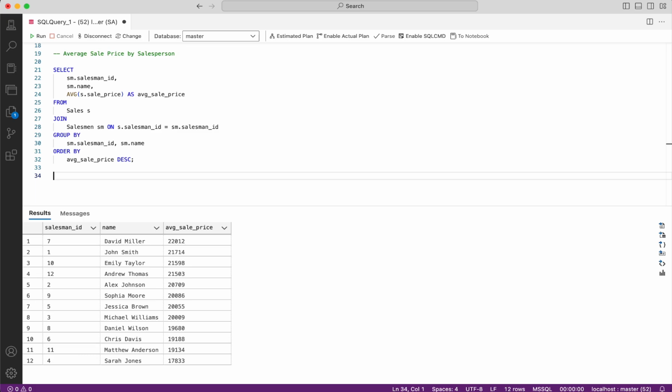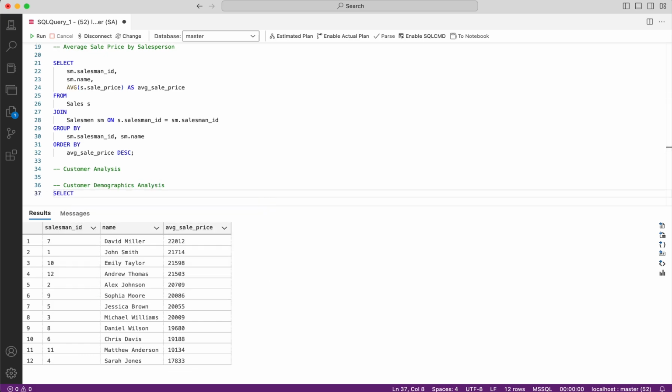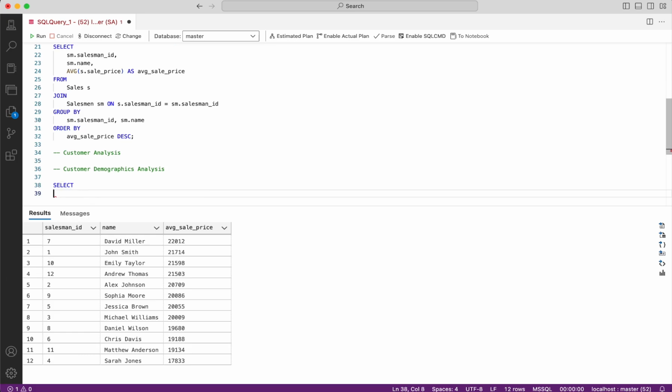Let's do a customer analysis, a customer demographics analysis. Select, let's give this some space. We're going to take a look at the debt to income ratio.